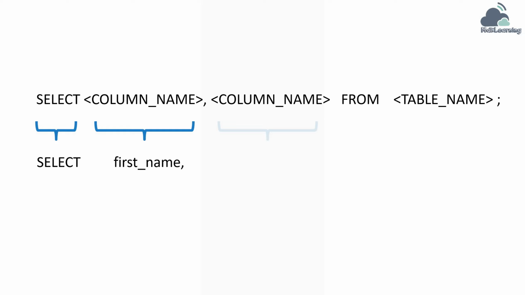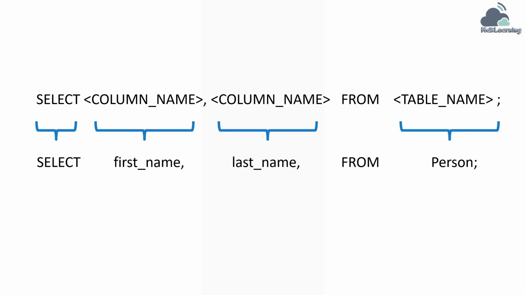So if we translate this into a real statement, we're going to have a select statement, a column name, from, the keyword, and then the table name, like person. And then, of course, the semicolon at the end.